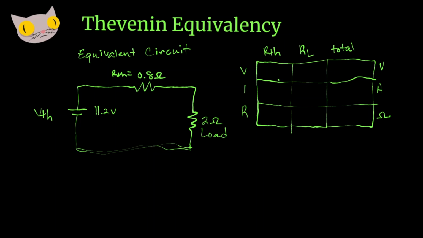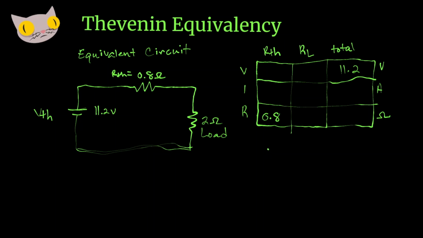Let's try to find, well, first let's fill in what we know. Our Thevenin resistance is 0.8 ohms. Our Thevenin voltage is 11.2 volts. Let's find our current.